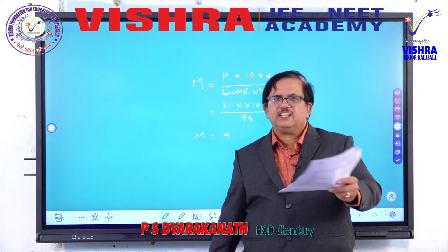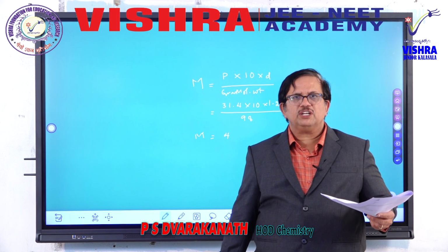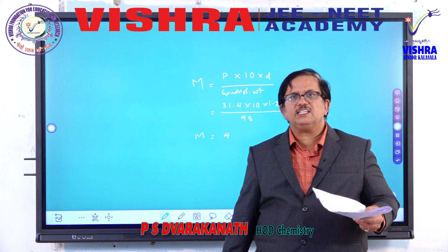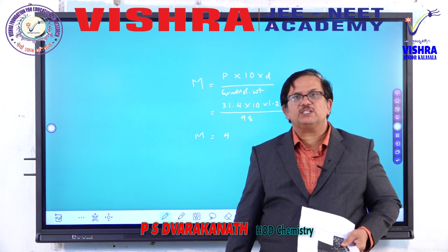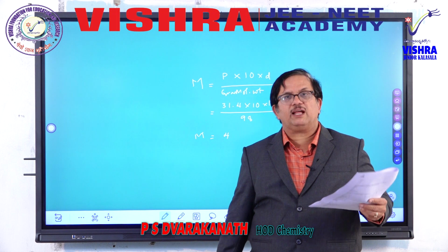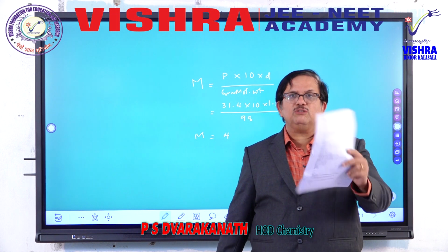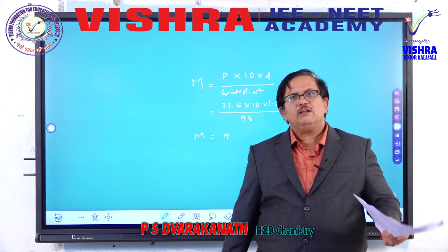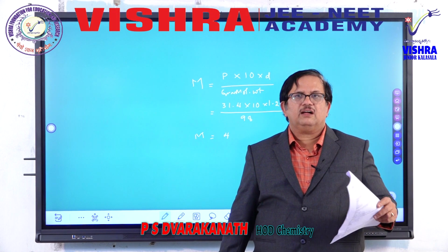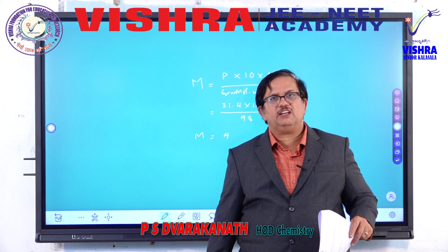The mass percentage of 31.4% indicates that 100 grams of the solution contains 31.4 grams of H2SO4. From 100 grams, what is the volume of the solution? Mass by density: 100 by 1.25, and you will get the volume of the solution in milliliters.